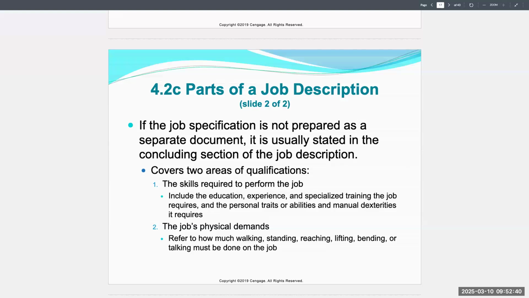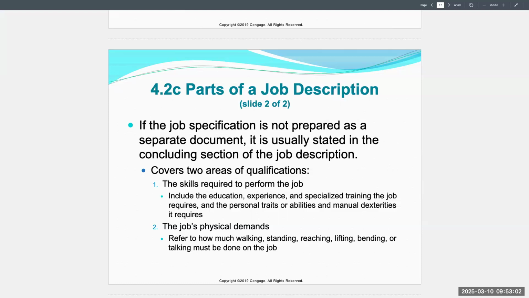And these specifications cover skills required. So what is it, educational background, work experience, technical expertise, and any specialized training necessary for success in the role. Physical demands, so jobs requiring extensive physical labor, long hours, travel, all that stuff as well.